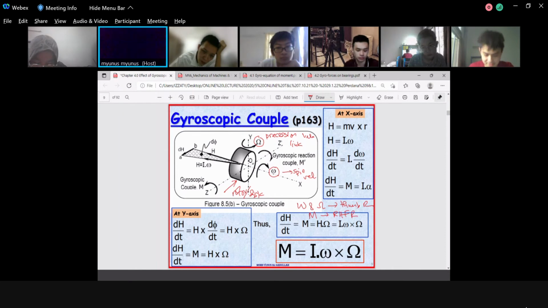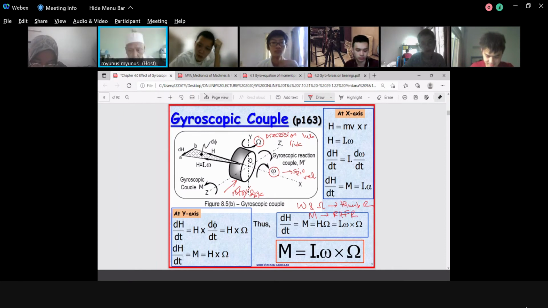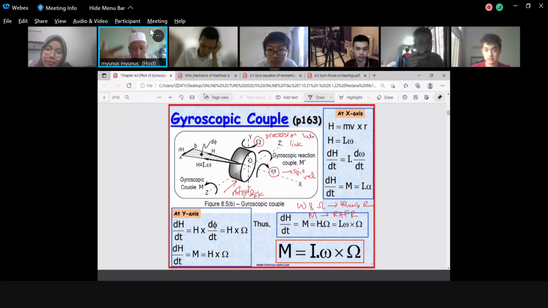I'm going to show you what the right hand Fleming rule is. As I mentioned just now, this one is spin, this one is the precession. You can open up your hand and follow this one, so you have spin, then precession, and this one is couple.